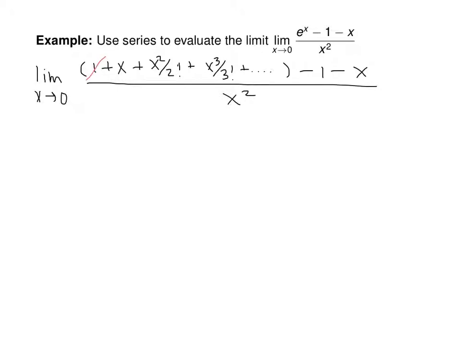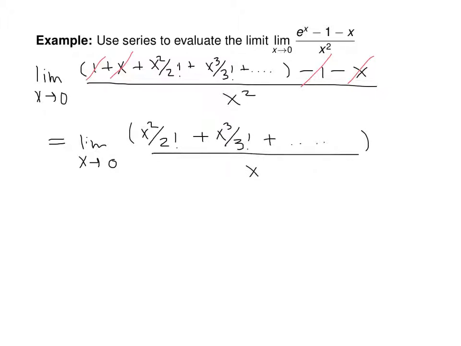So the 1 cancels, the x cancels, and we have the limit as x goes to 0 of x squared over 2 factorial plus x cubed over 3 factorial, etc., all divided by x squared. And we divide each term by x squared.